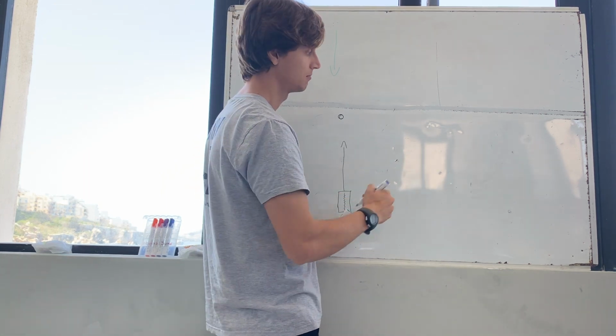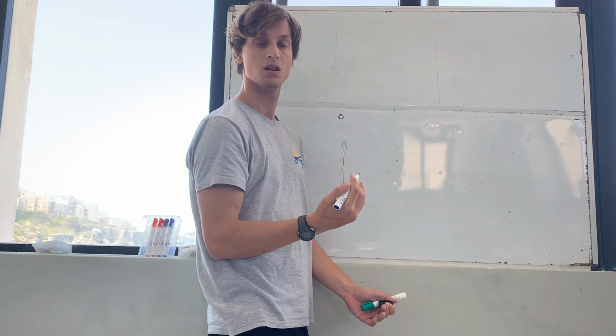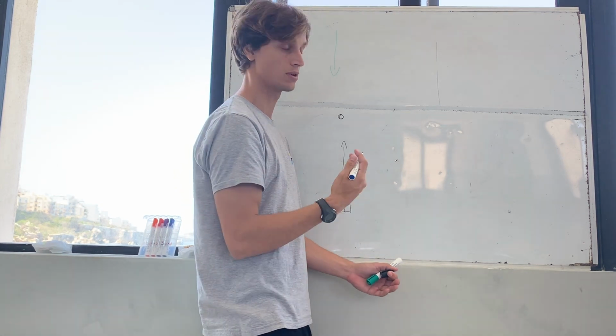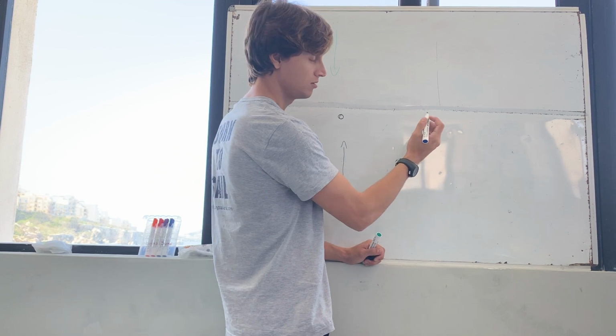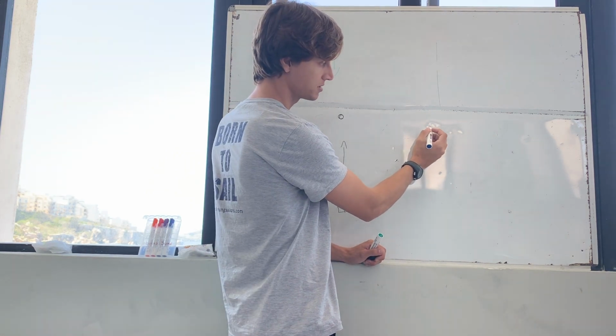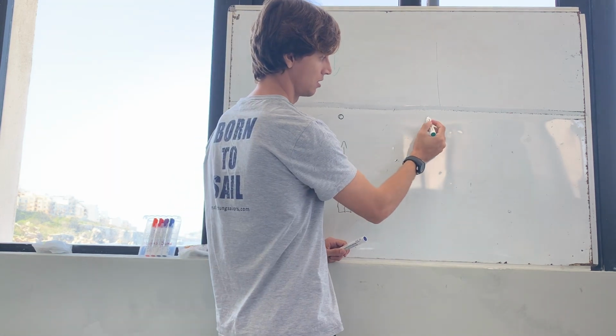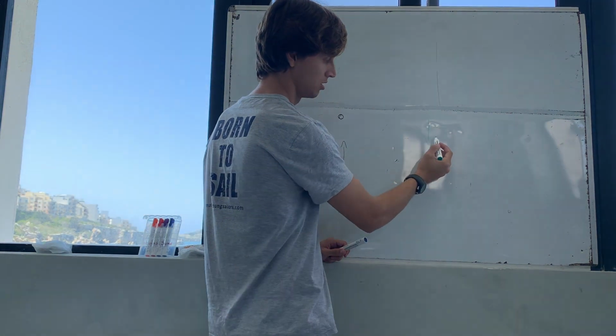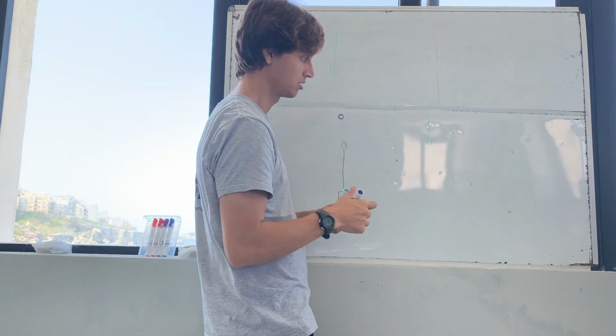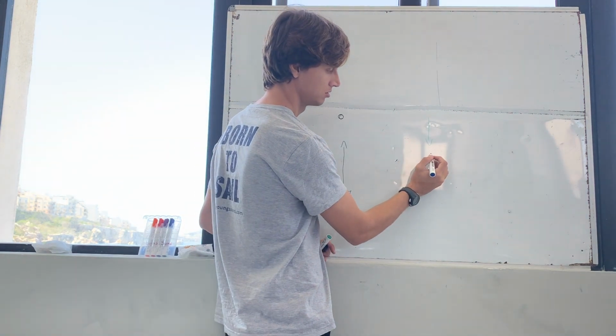You have that because of how you set your sail to get more speed for your boat. If the wind is coming here, you always want your sail to be like that.